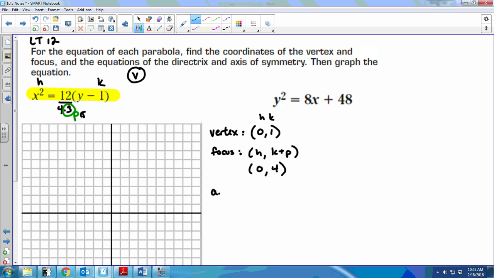The axis of symmetry. Is it X equals H? So X equals 0. We already have H and K up here, so I'm using them every time. Again, I'm following the table straight from your notes. Going straight down the list.